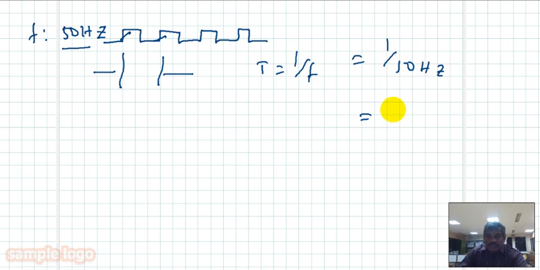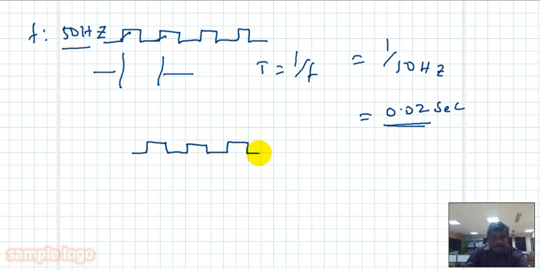What is 1 by 50? 1 upon 50 is 0.02 seconds. So if we measure between two rising edges or between two falling edges, the total duration of the square waveform will be 0.02 seconds. So this is the total time.